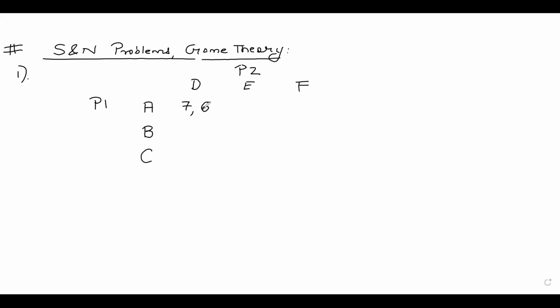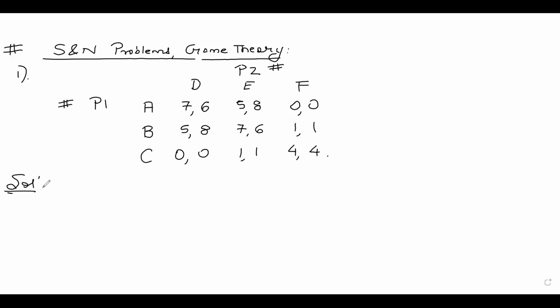The first payoff always depicts the payoff for player 1 and the second payoff always depicts the payoff for player 2. Okay. So I am writing the payoffs which are given to us. And now let's first of all find out the pure strategy Nash equilibrium.